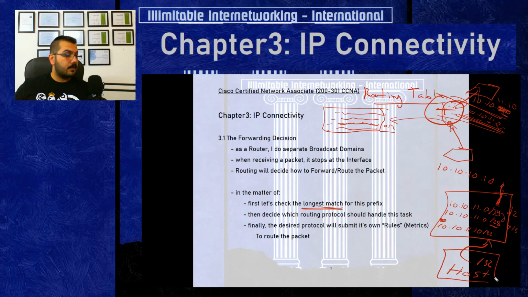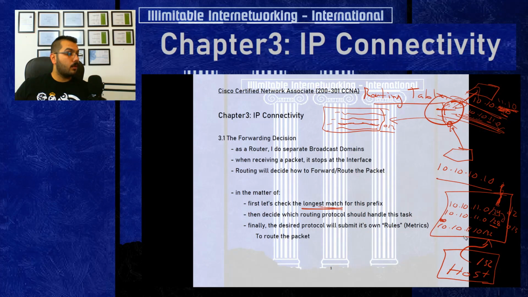The IP address of the device itself, of the end device or of any networking device, has a subnet mask of 32. So my router just received a packet from the source 10.10.10.10 wanting to reach the destination 10.10.11.10.